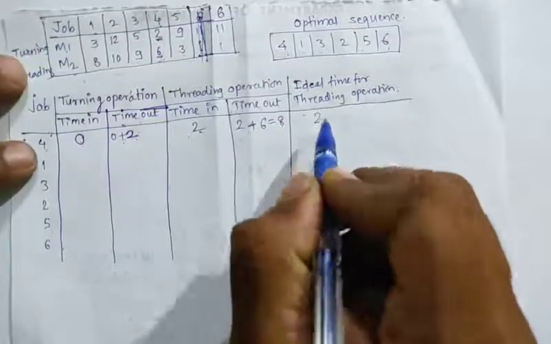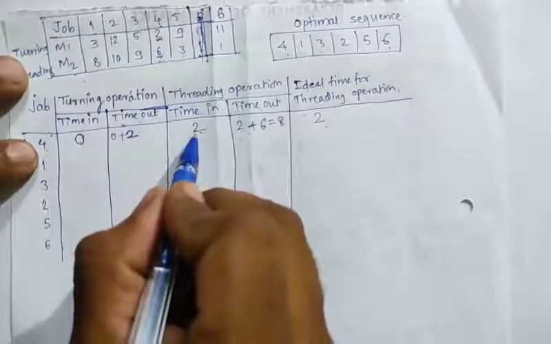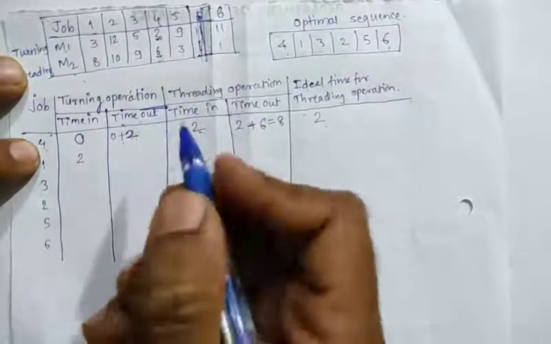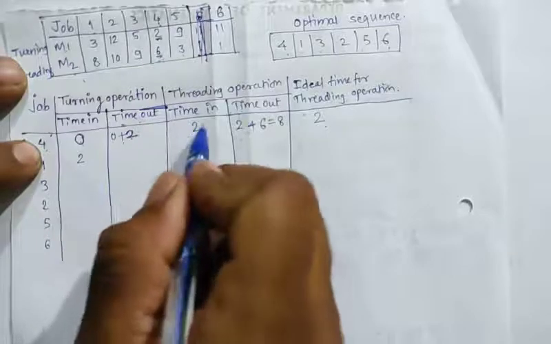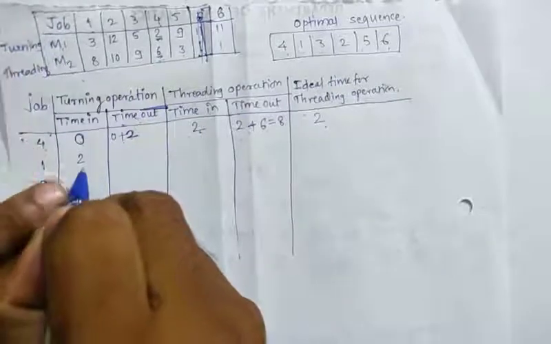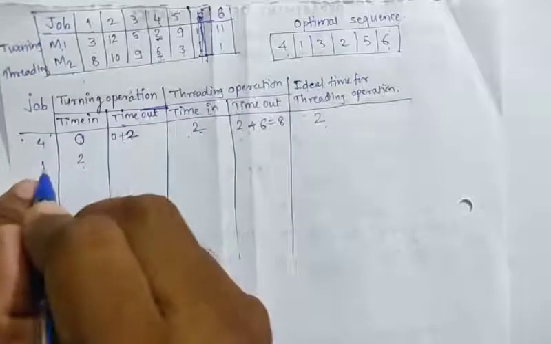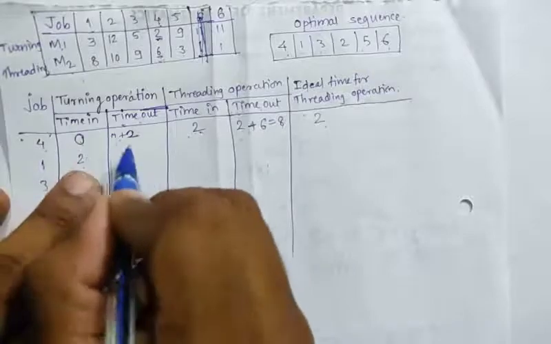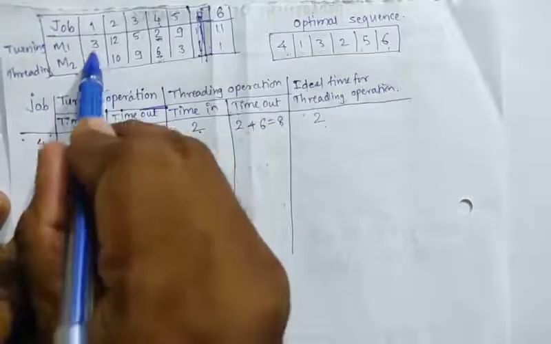Now again we take this value as the time in, because after 2 minutes it goes to the second machine. For the first job, the time required for machine M1 is 3.